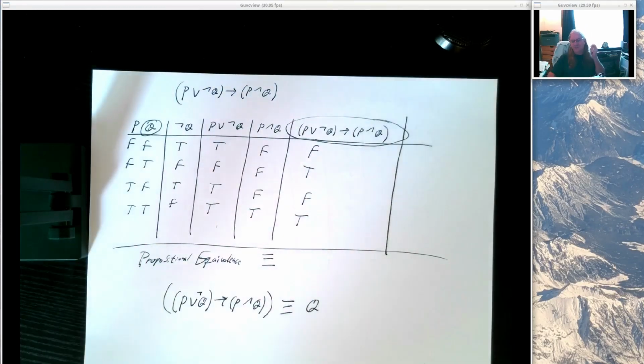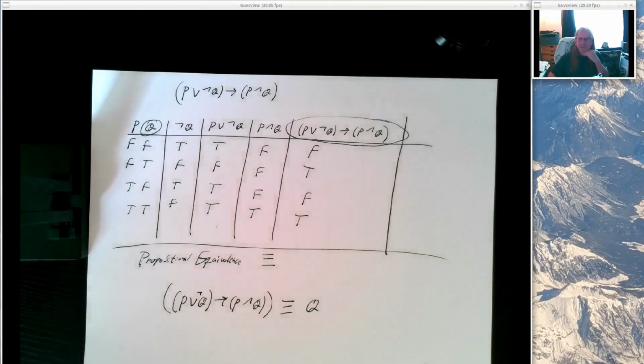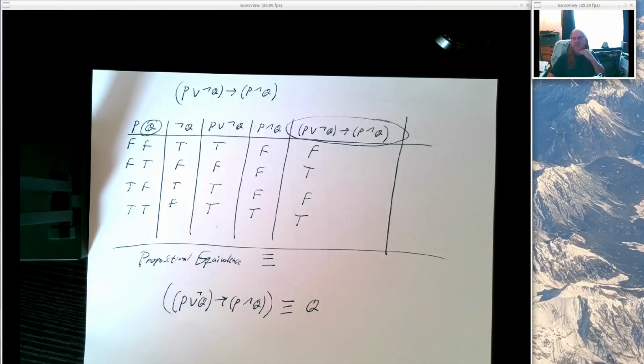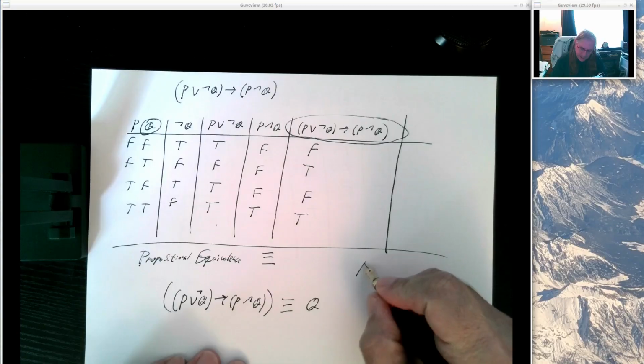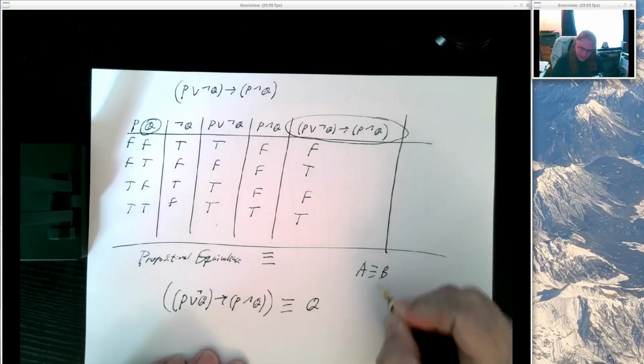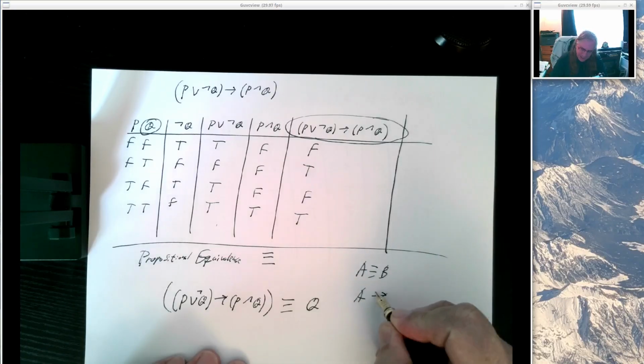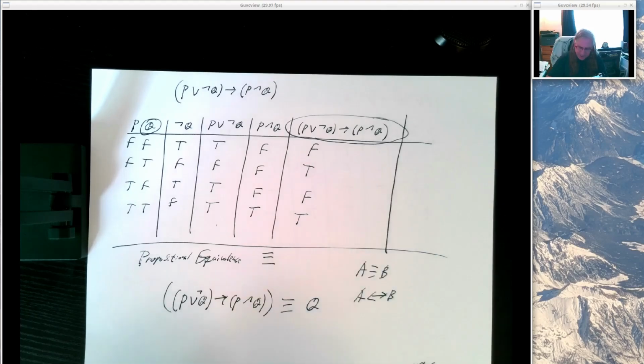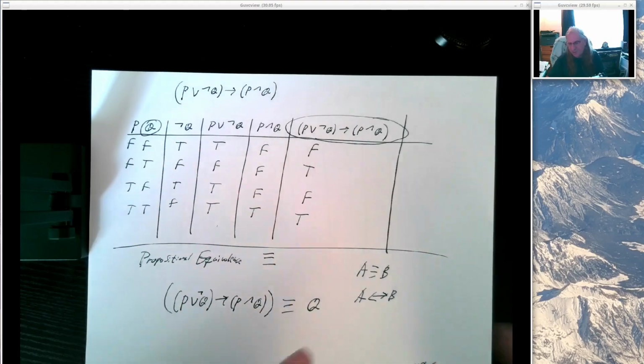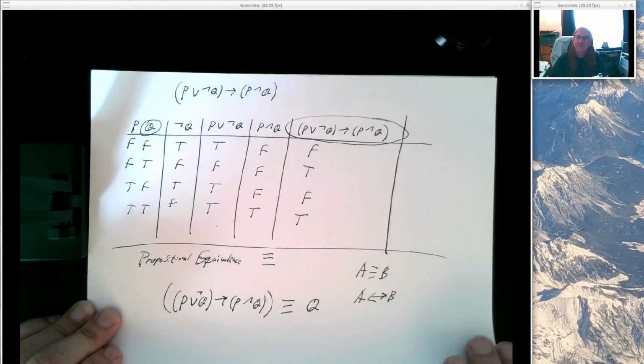They're either both true or they're both false. So saying A is logically equivalent to B is also the same thing as saying A if and only if B. They're both true or they're both false.